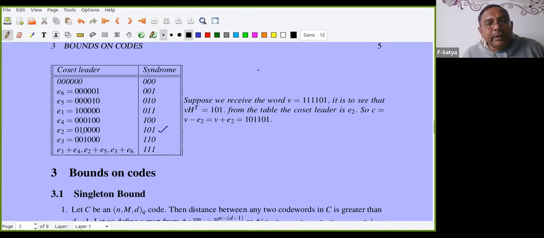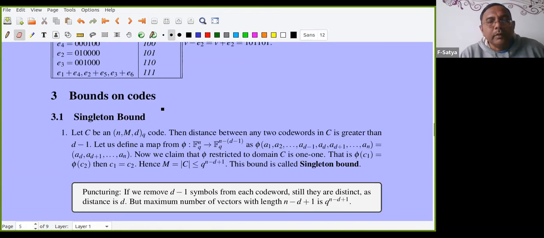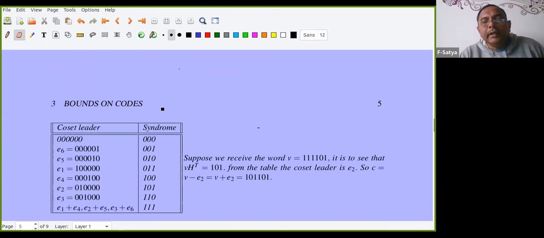Now I look at the coset leader and subtract it, and this is now a code word. So I corrected the received word. Can I proceed? Do you have any questions? Is everything fine till now? Do you need more examples, or is it okay?